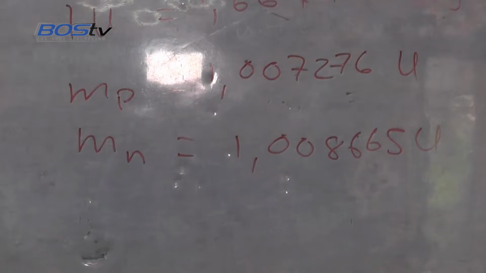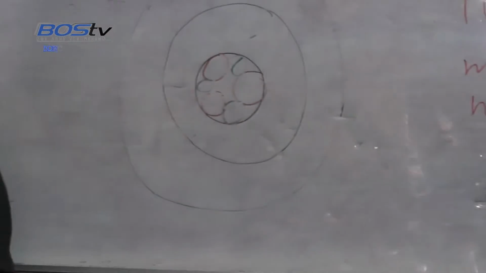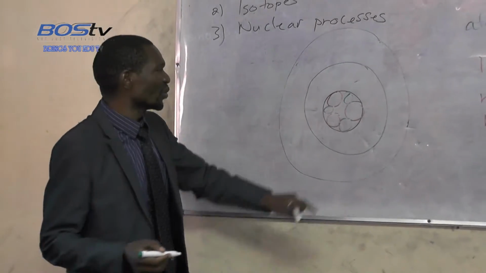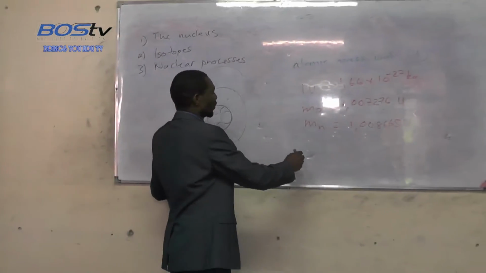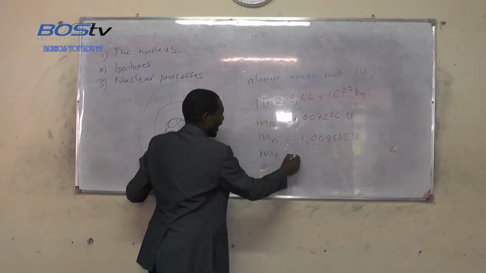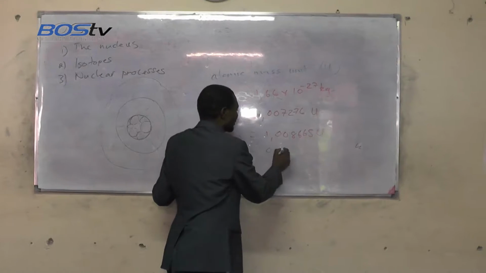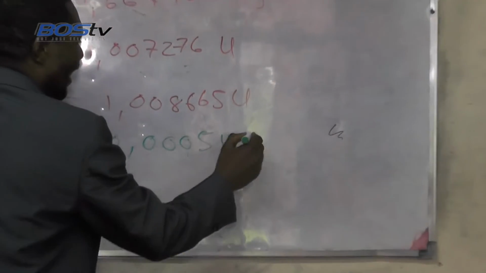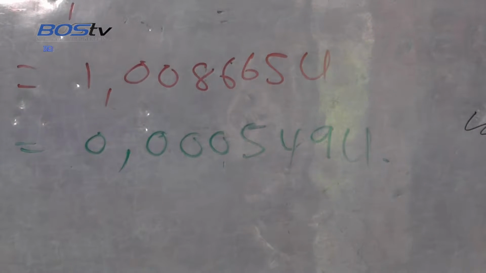Especially since we are dealing with processes occurring in the nucleus, we don't look at the mass of an electron because we don't have electrons inside the nucleus. However, we can also look at the mass of an electron at this part as 0.000549 U. So these are the masses which we'll be dealing with.